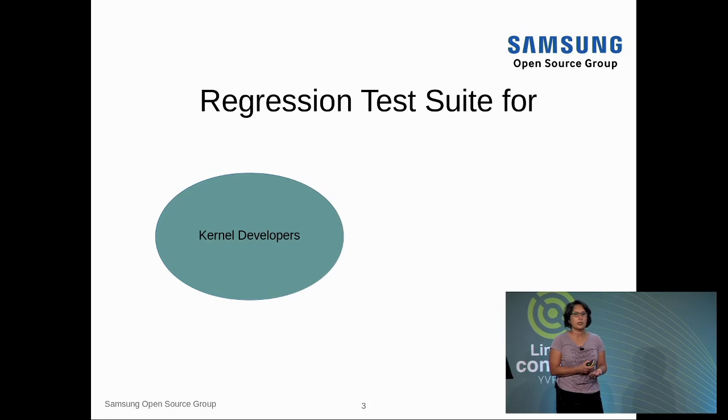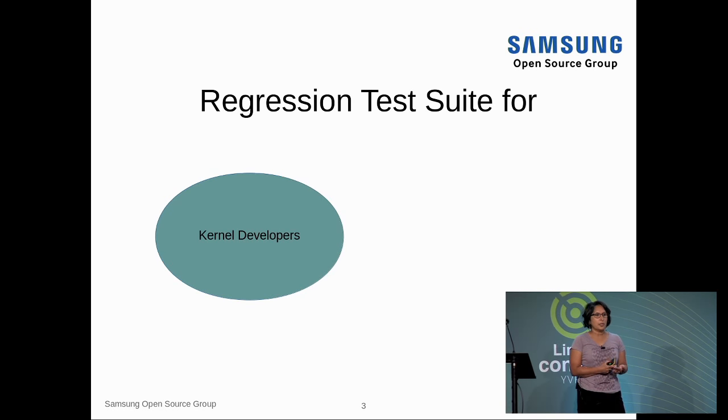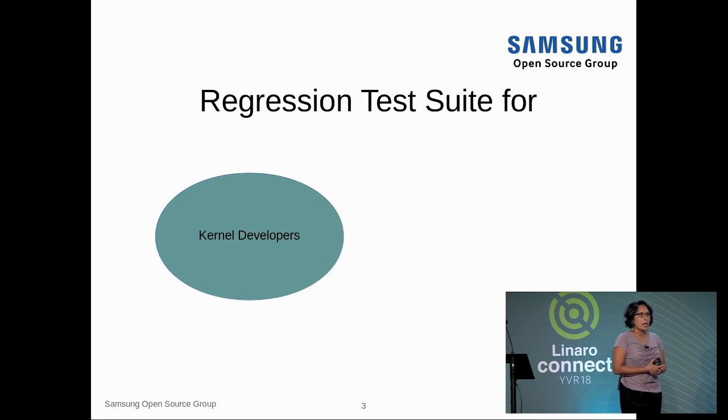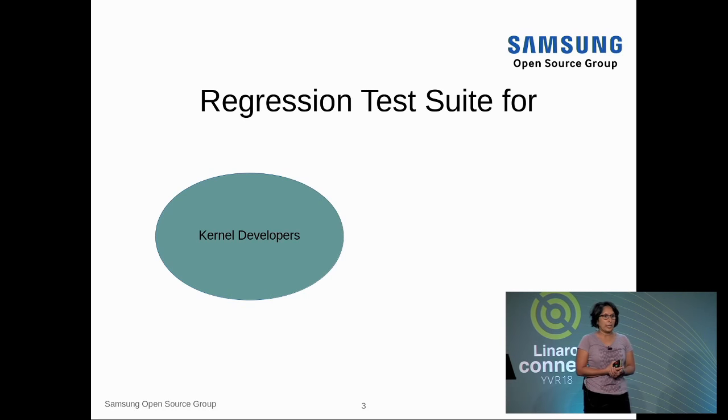That means kernel developers write their own unit tests or functional tests, whatever they think is necessary to continue to find bugs. When they add new features, they add new tests, so that we are not regressing anything as releases come out, and we are not regressing the existing features.